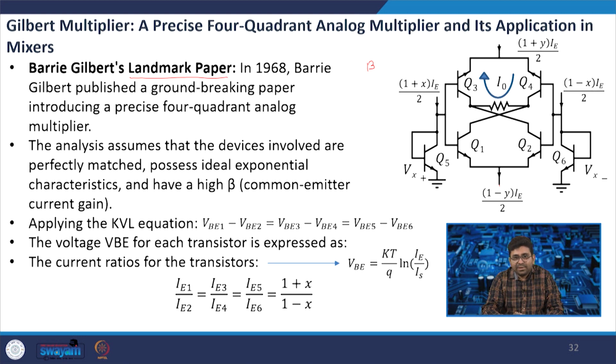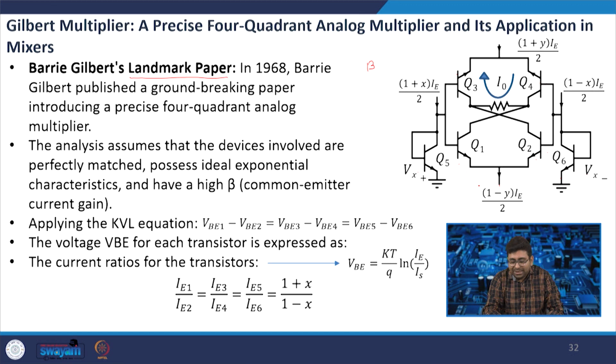So we need to consider this while discussing the multiplier or mixer. Now if we apply a KVL equation, we get VBE1 minus VBE2 equal to VBE3 minus VBE4 equal to VBE5 minus VBE6.